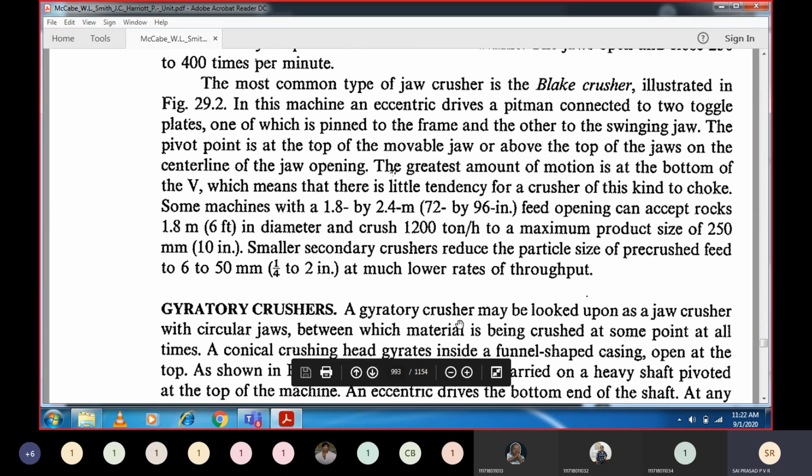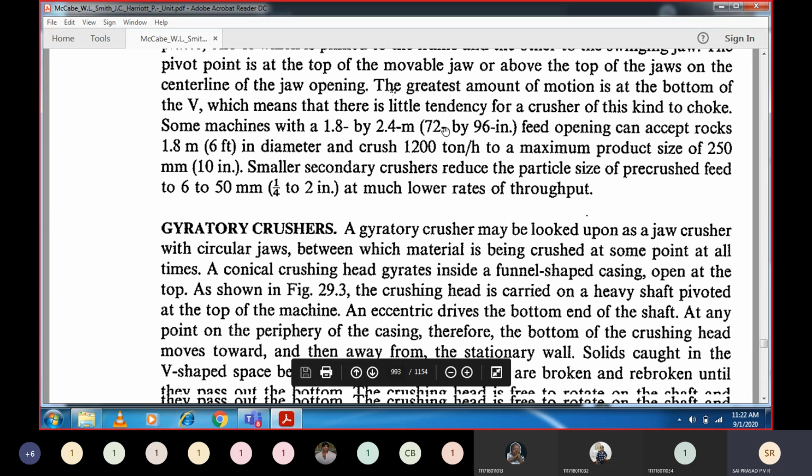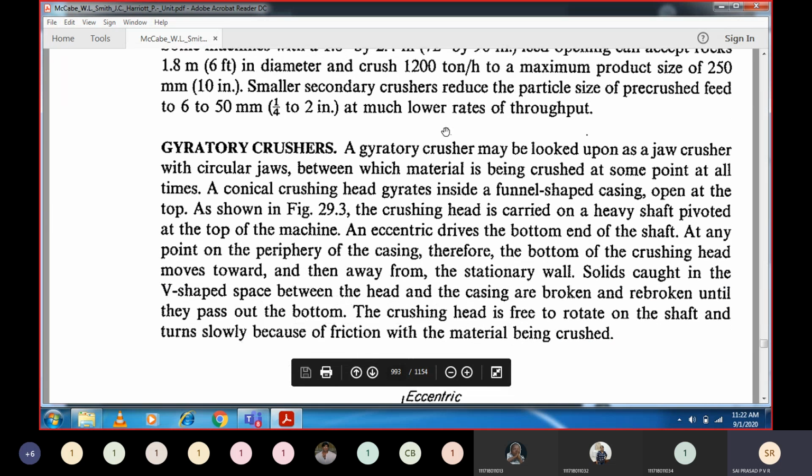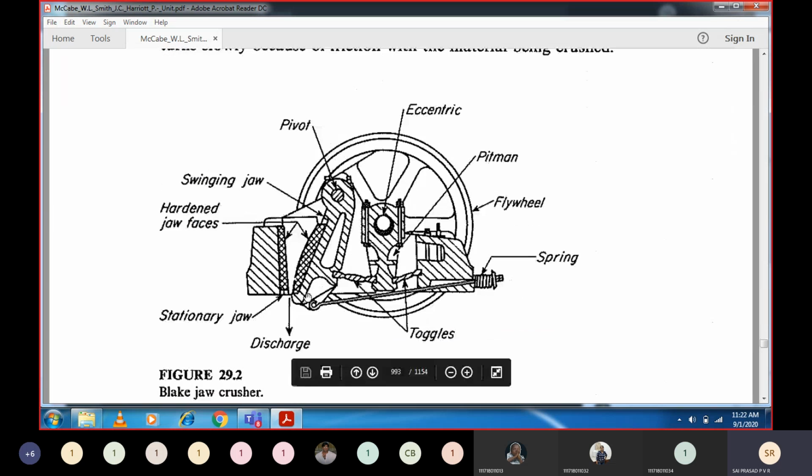A gyratory crusher. In the Blake type of jaw crusher, what is the small disadvantage you are going to face? Whenever the swinging jaw is moving towards the stationary jaw, crushing will take place. Whenever the swinging jaw is moving away from the stationary jaw, crushing will not take place.